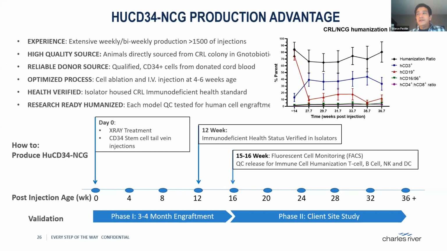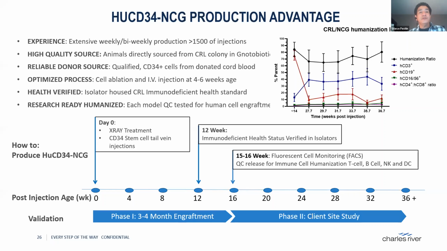And our health testing matches our immunodeficient health status, which is verified: the animals are swabbed every other week. We do PCR testing on or about 6 weeks, and then at about 12 weeks we do a full health monitoring, right?